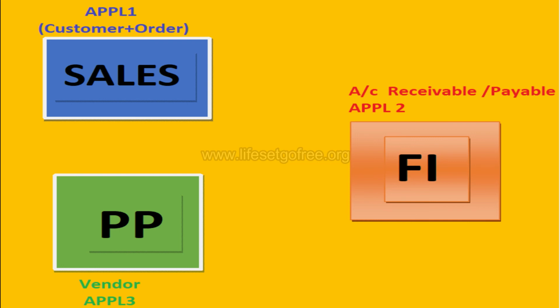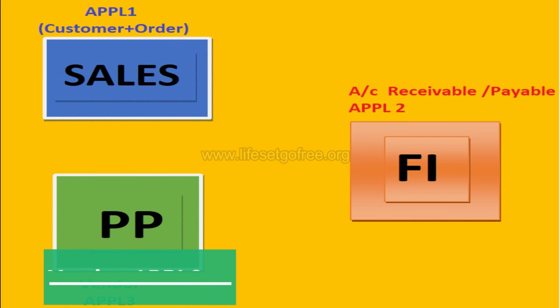If you want high performance, you can divide these applications into different parts. Make the customer and order applications, related to the sales department, one application server. Then accounts receivable and accounts payable, the two parts of the finance department, go to one application server, and the remaining vendor applications go to one application server.